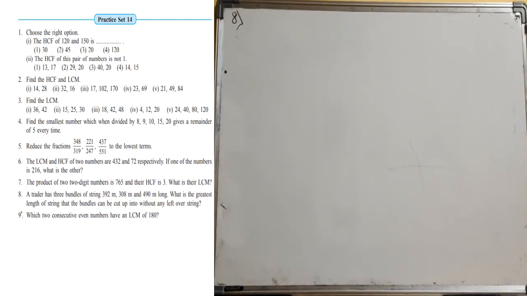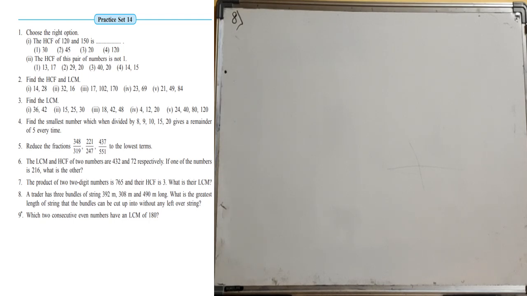What is the greatest length of string that the bundles can be cut up into without any leftover strings? I'm reading the question again. It says a trader has 3 bundles of string 392 meters, 308 meters and 490 meters long. So the lengths of strings in each bundle are given to you.